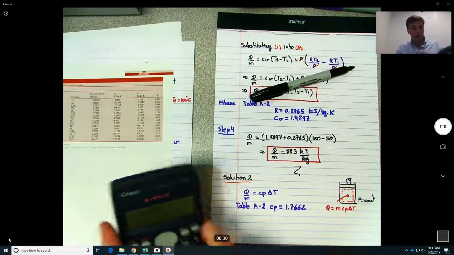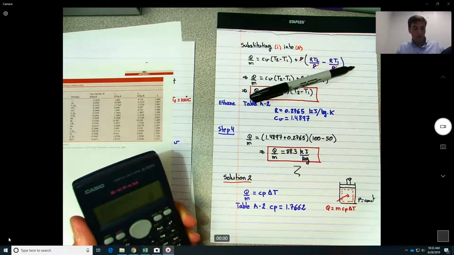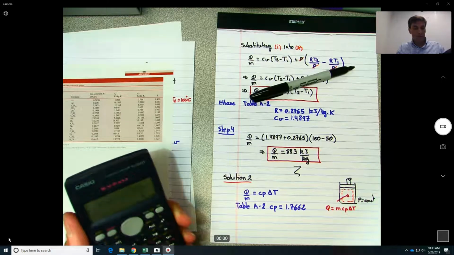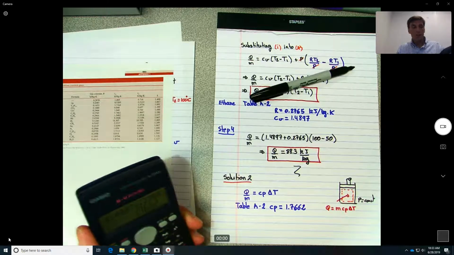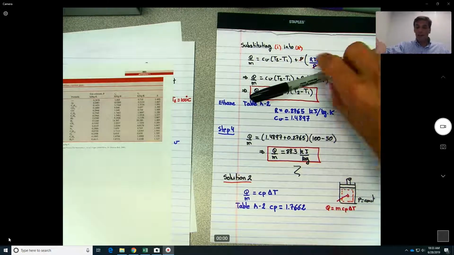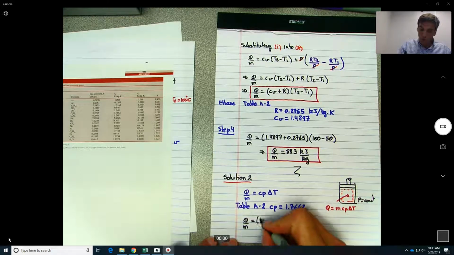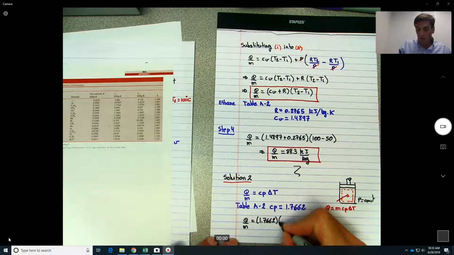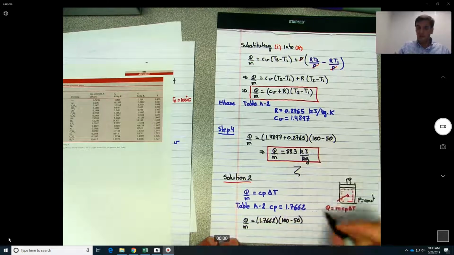Which actually should be the summation of those two values. So let me just double check. 1.4897 plus 0.2765, 1.7662. So basically you see right away that if we now substitute, we have Q over m equal to 1.7662 times (100 minus 50), which is identical to this.